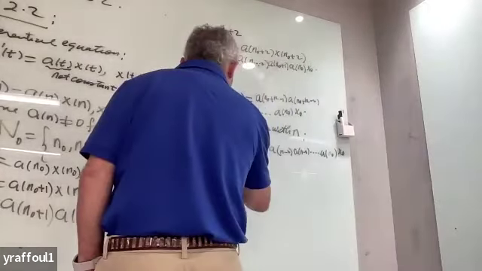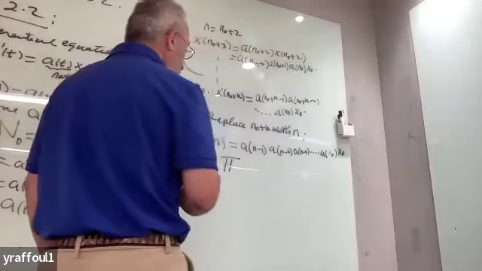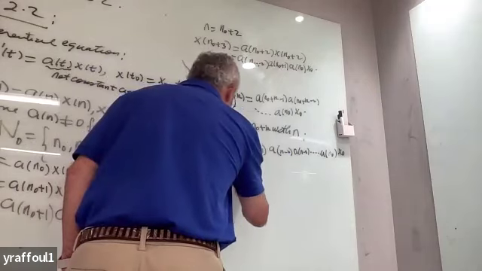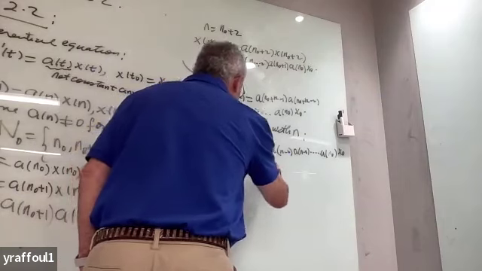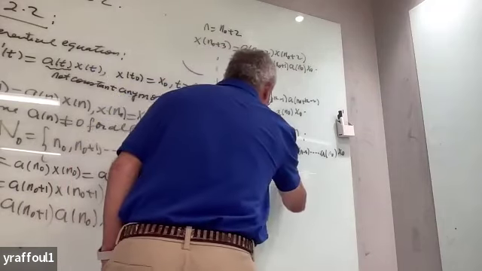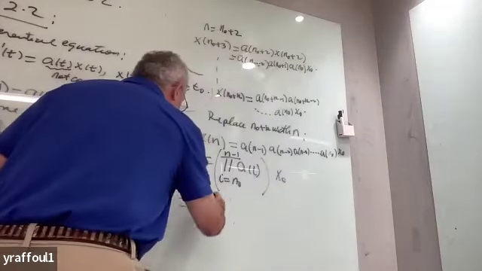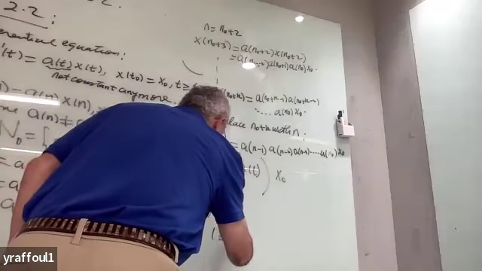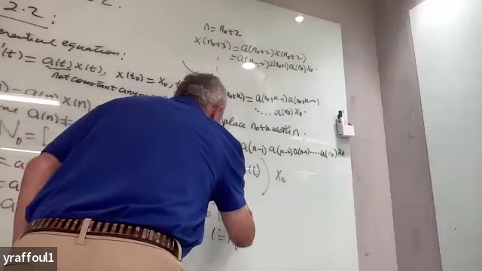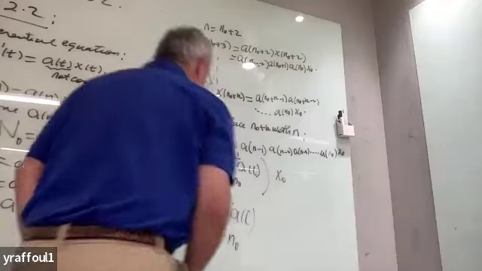So this is the product for i equal n0 to n minus 1 of a_i times x0, or x0 times the product for i equal n0 to n minus 1 of a_i.